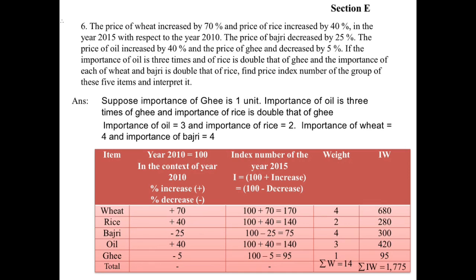And wheat and bajri is double than that of rice. So importance of rice is 2 and wheat is double, that means it is 4. Similar for the bajri, that is also 4. So now weight is for wheat 4, rice 2, bajri 4, oil 3 and ghee 1.